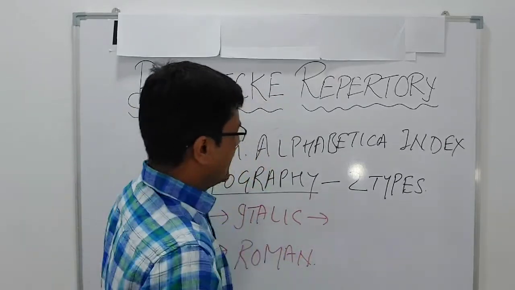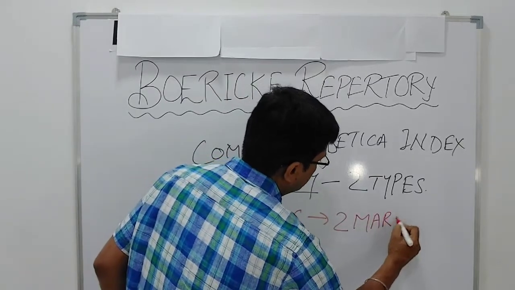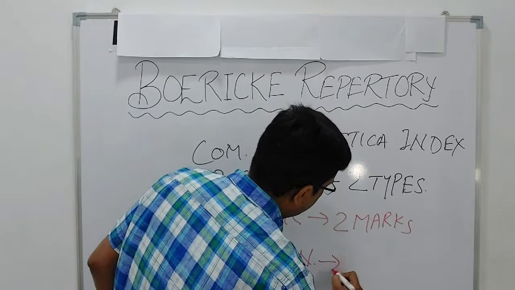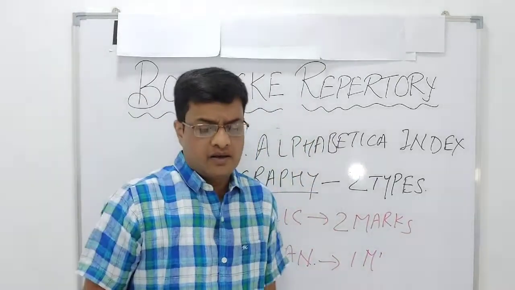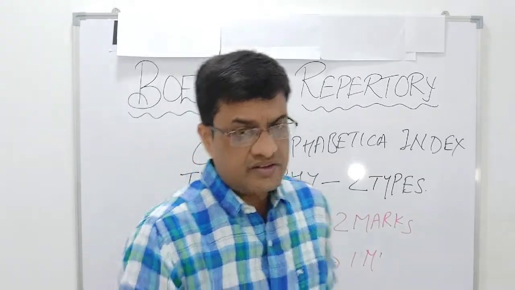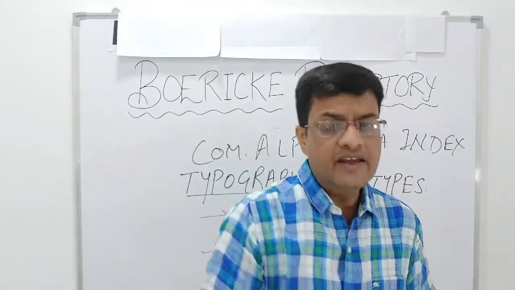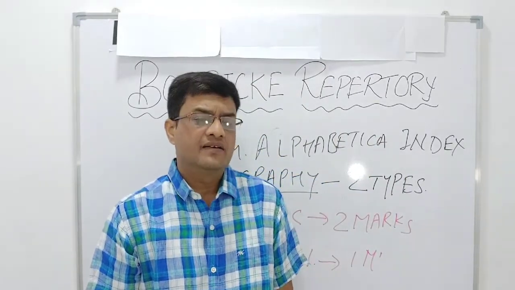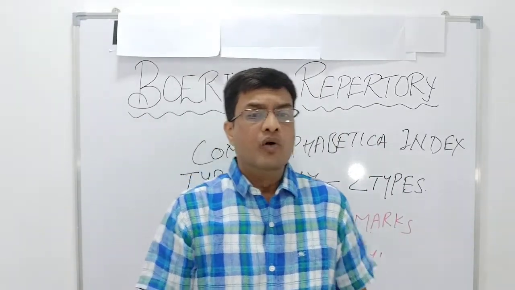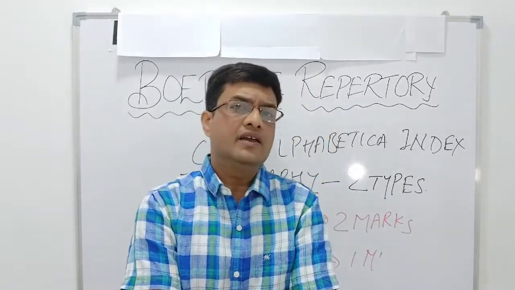Italic has 2 marks and Roman has 1 mark. These italic remedies indicate the more frequently verified clinical remedies.